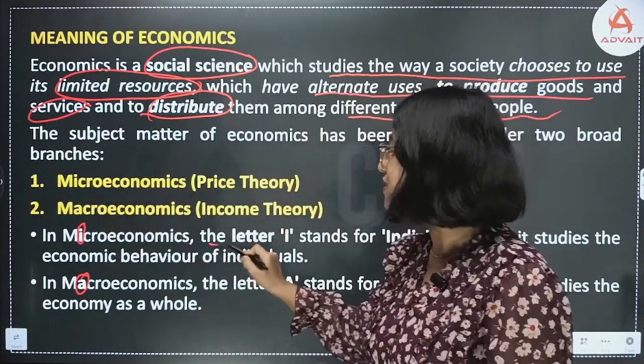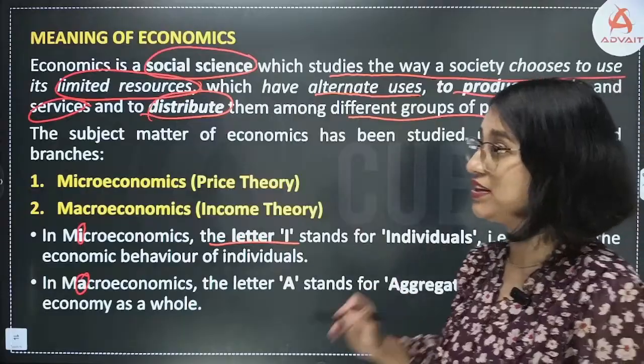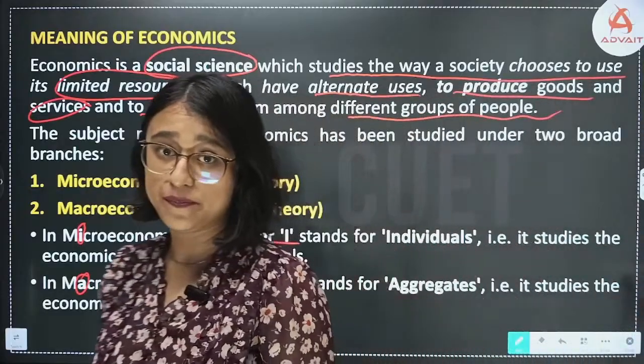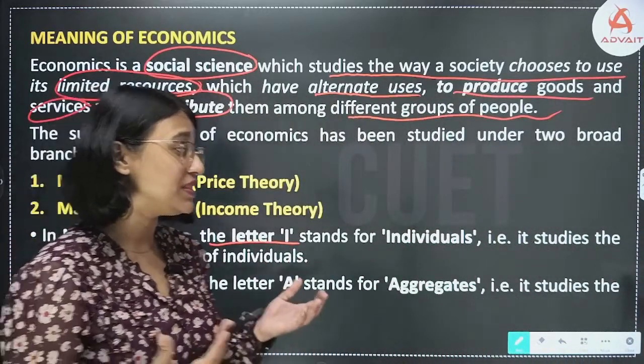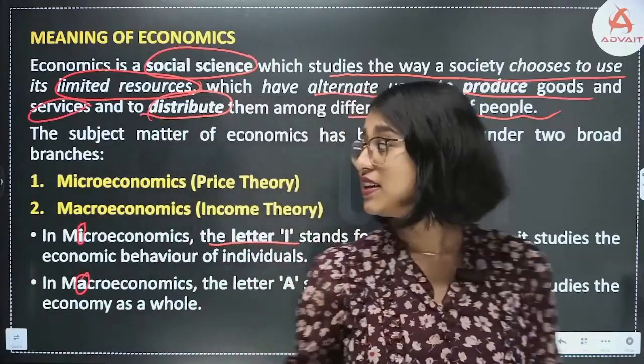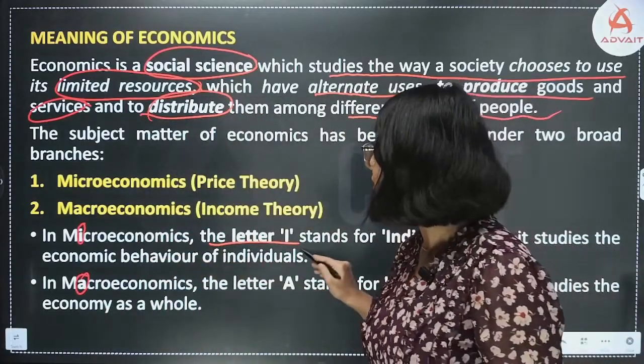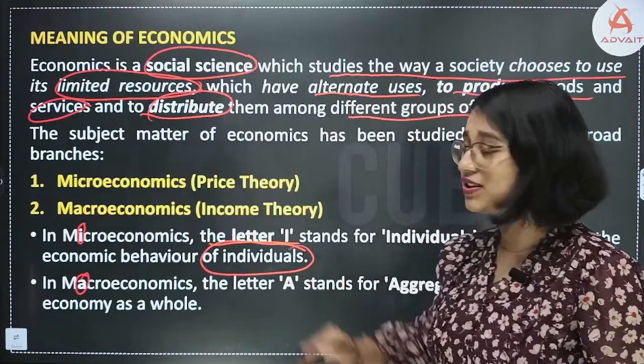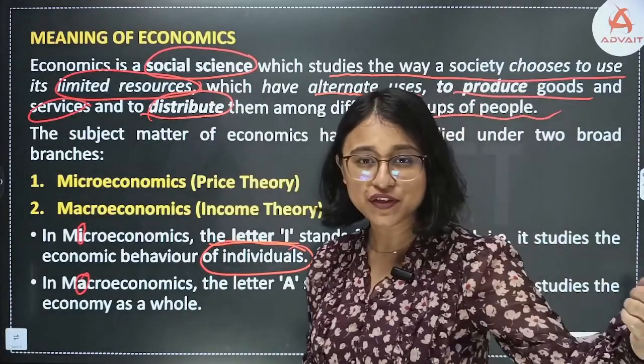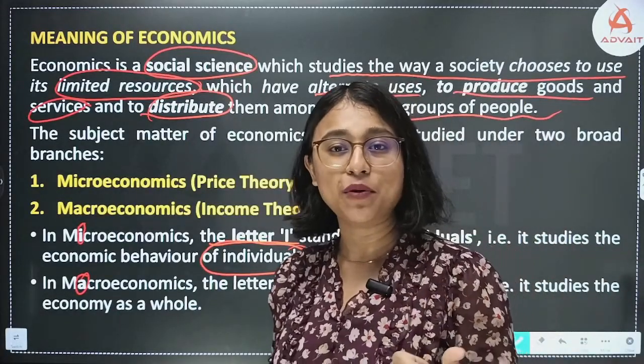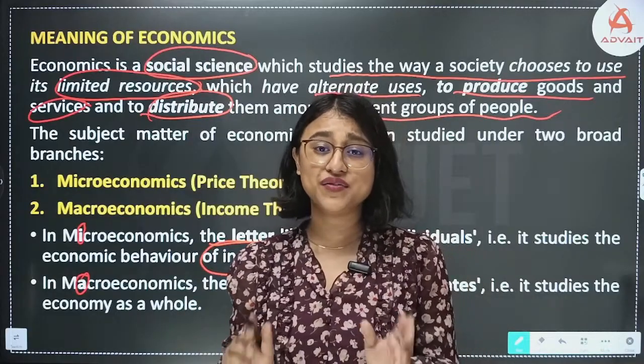So what is microeconomics? The letter I in microeconomics stands for individual. That is, it studies the economic behavior of individuals. I am an individual, so microeconomics studies the economic behavior of the individuals.